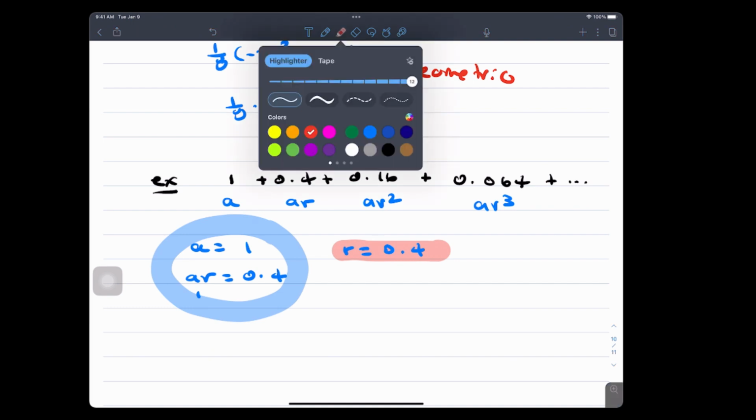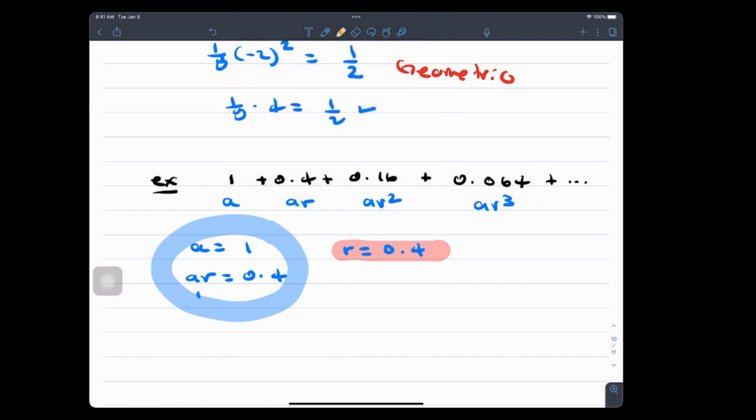So what you check now is really right in here, AR squared. So verify that. AR squared is 1 times 0.4 to the second power. That better be 0.16. And is that true? The answer is yes.